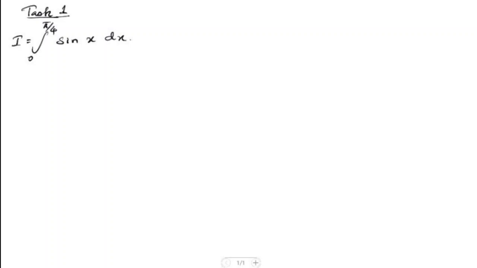So we'll first use the trapezoidal rule to approximate the value of this integral.